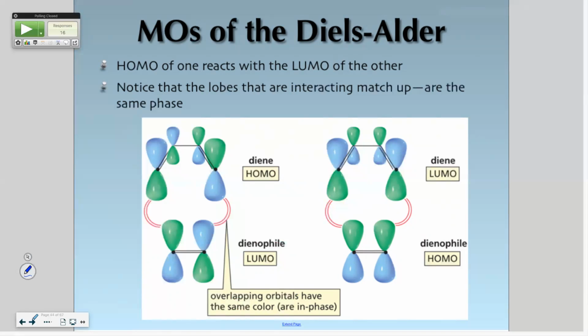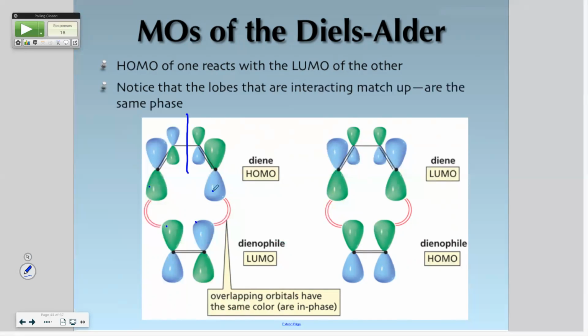Do you see how many nodes are in that? There's 1 right there. It's going to interact with the LUMO of the other one. And notice that where they're making the new sigma bonds, we match. That's kind of why we're doing it.